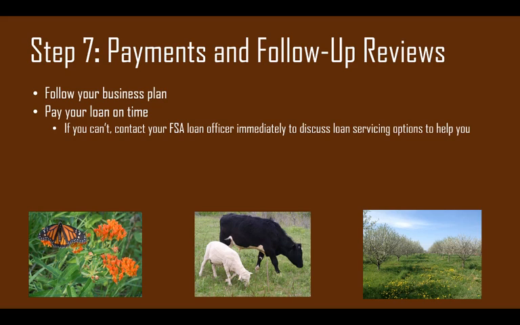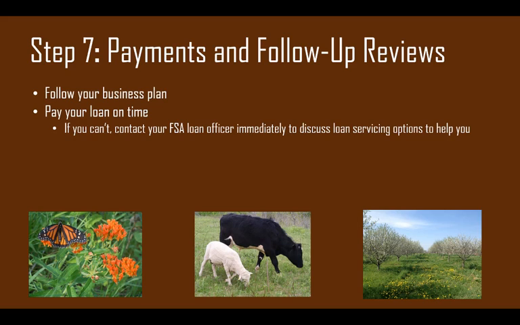My husband and I received a farm ownership loan, and we were surprised to learn that we make one payment. You can structure it different ways, but we make one payment per year for the whole year's payments. That is a big chunk of money, but it actually works well for us because we're able to make it at the end of our season, when we've sold our crops ideally, and we've got more money in the bank.